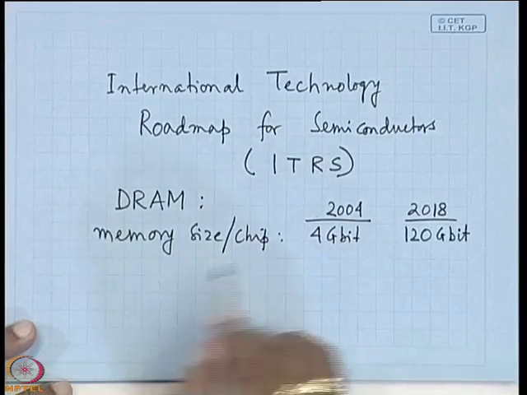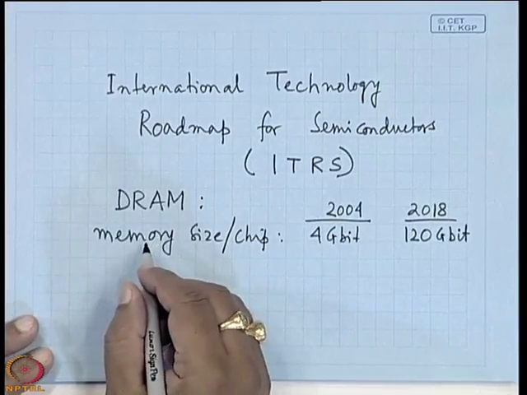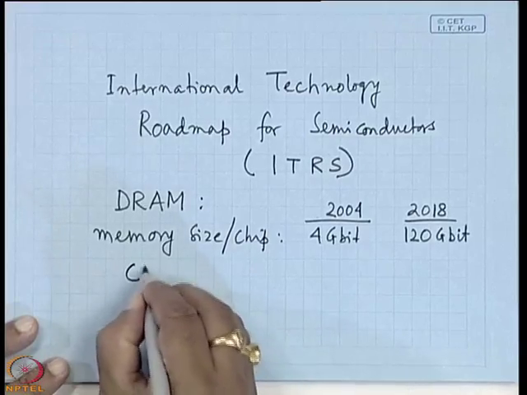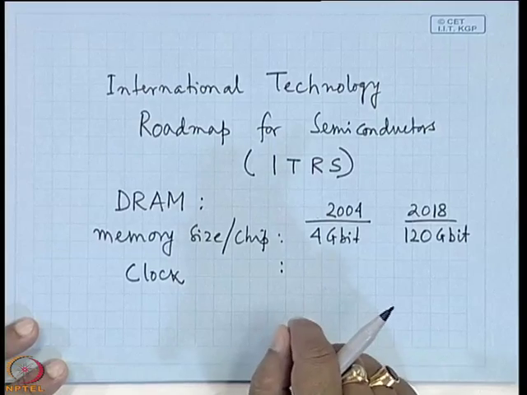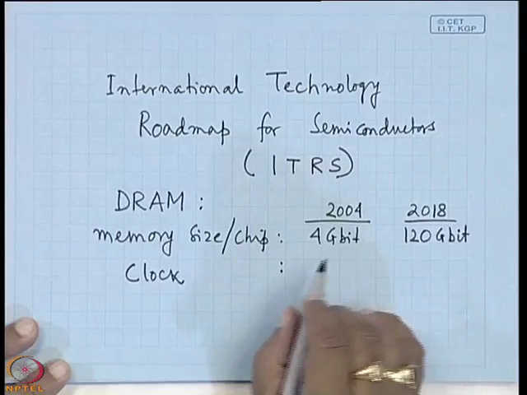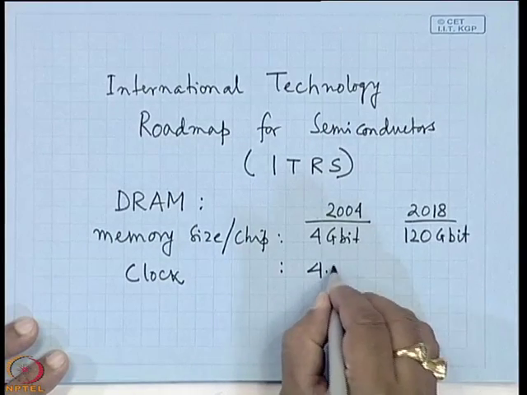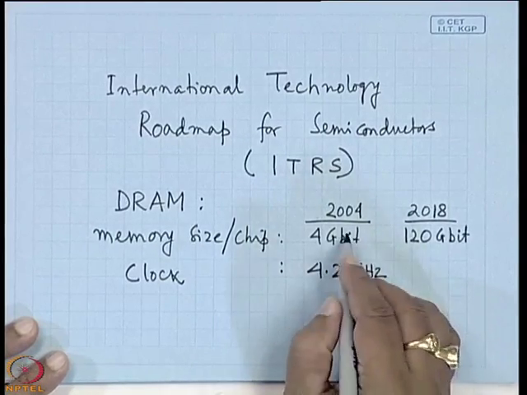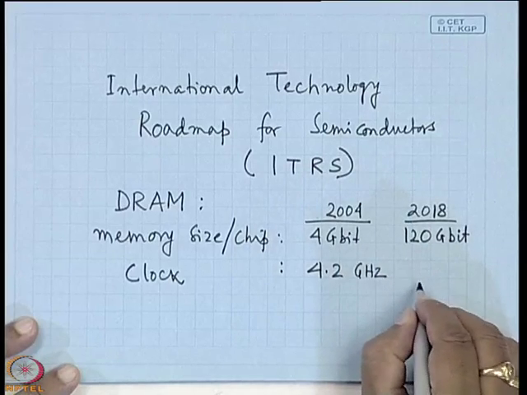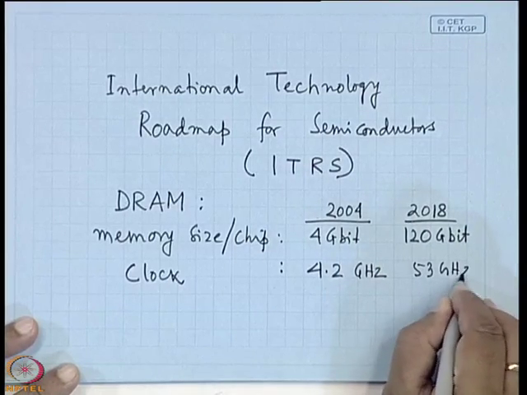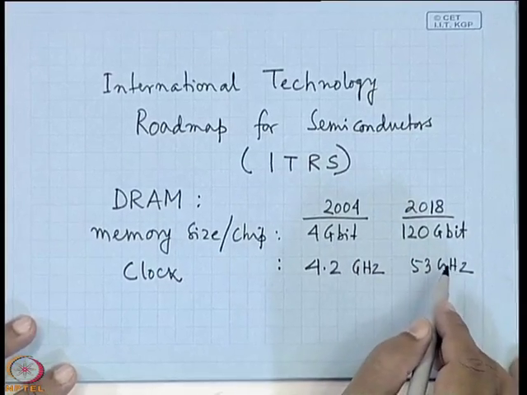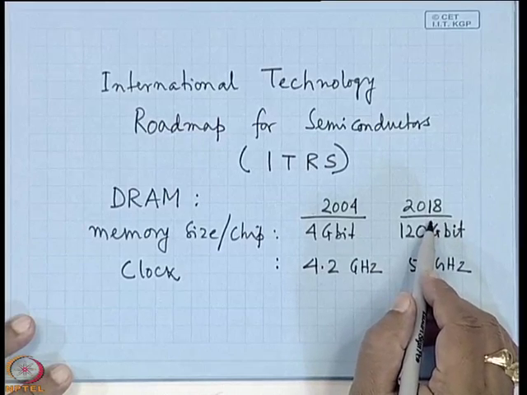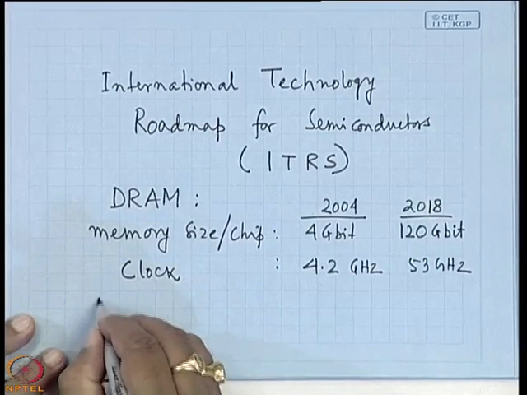Then if you consider the other specifications, say that clock, what is the clock speed of this computer? 2.8. Right. So, now actually it is 4.2 gigahertz which was predicted for 2004, it will be 53 gigahertz. Right. I am giving you the prediction which was for 2018, and then power consumption.